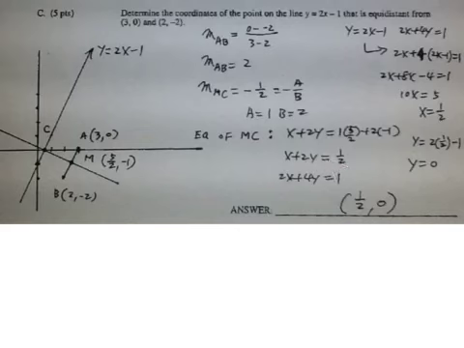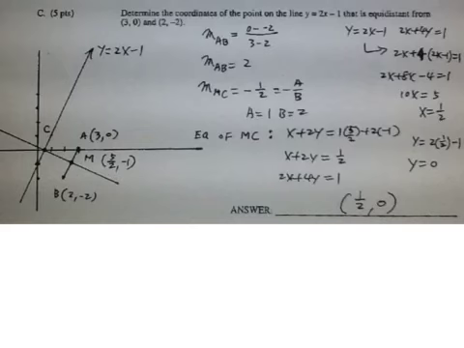I actually don't really need it in standard form completely, this is sufficient, but I need to get rid of the fractions, so to do that multiply everything by 2. So I'm going to get 2x plus 4y equals 1. This is my equation of the perpendicular bisector that goes through segment AB.